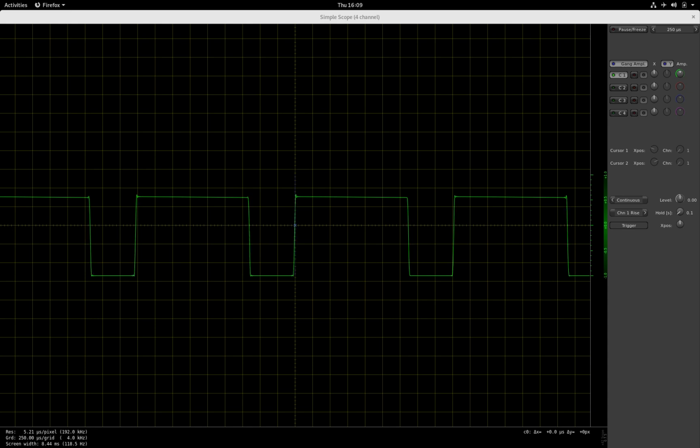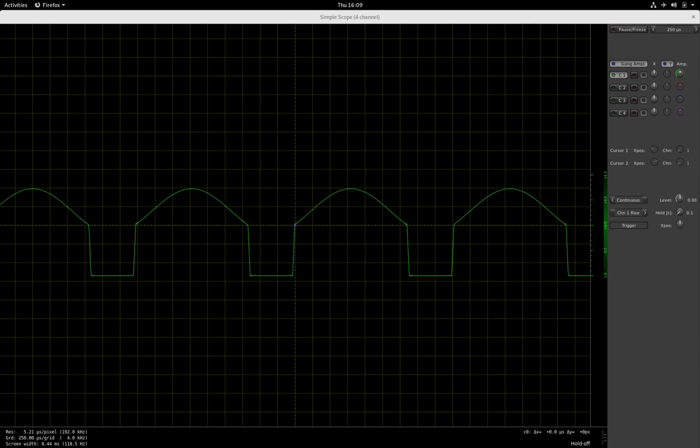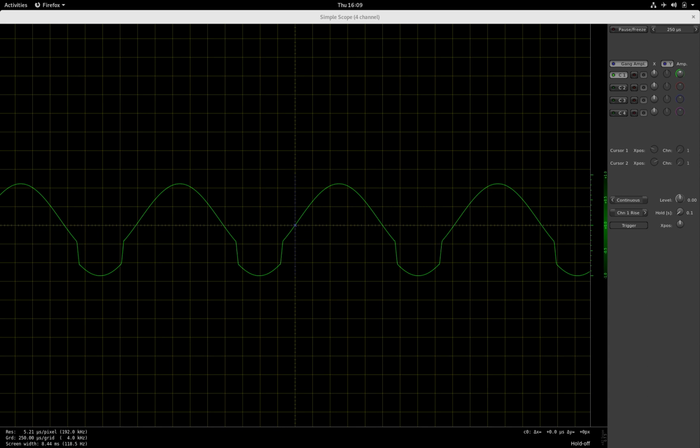Now I will reduce the fuzz parameter again.